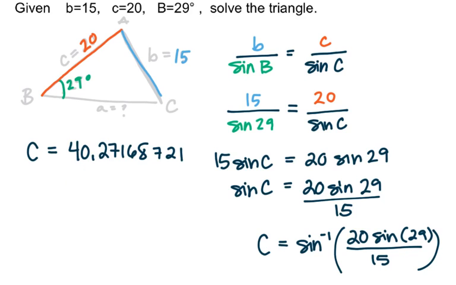Now, we need to remember what we learned about inverse functions and inverse sine. Where is inverse sine defined? Inverse sine is defined between negative 90 and 90, or negative pi over 2 and pi over 2, only on this right half of our unit circle. So it's always going to give me an angle measure in quadrant 1.